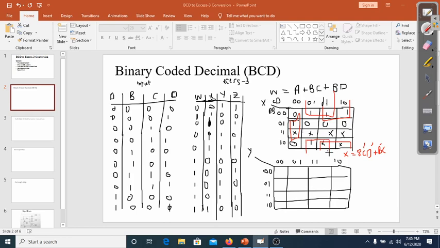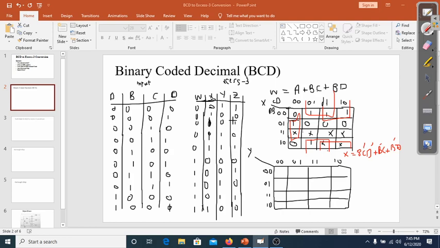By solving this, I will get the expression: A prime will cancel with A, I will get B prime, and here C prime will cancel with C, I will get D. So B prime into D. So this is the simplified expression for output X.